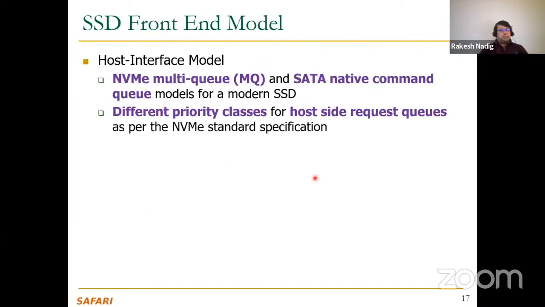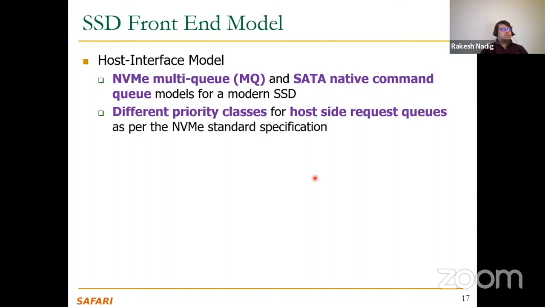But at the front end, as I said, we have NVMe multi-queue and SATA native command queue models for a modern SSD. The SATA native command queue is basically at the operating system level, the SATA protocol, where the operating system decides on the priority of different requests, or to enable fairness, decides which requests have to be scheduled first, and so on.